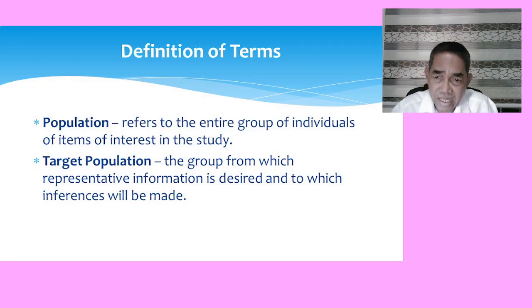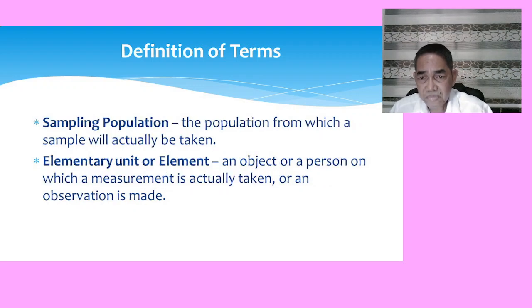As we said, we don't normally study the whole population. We study only a sample, and then from the results that we get in the sample, we generalize it to the target population. And then the sampling population is that population from which the sample will actually be taken.